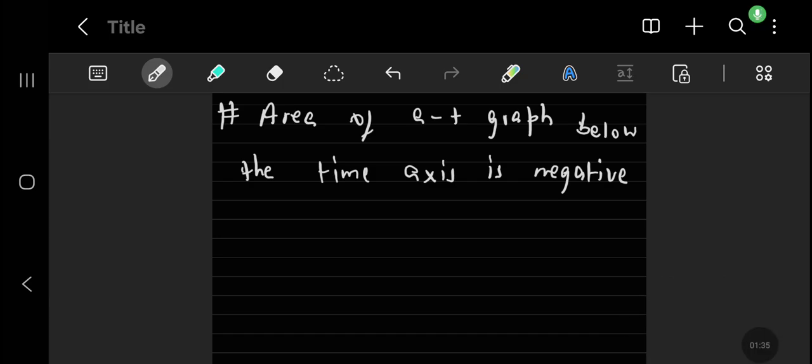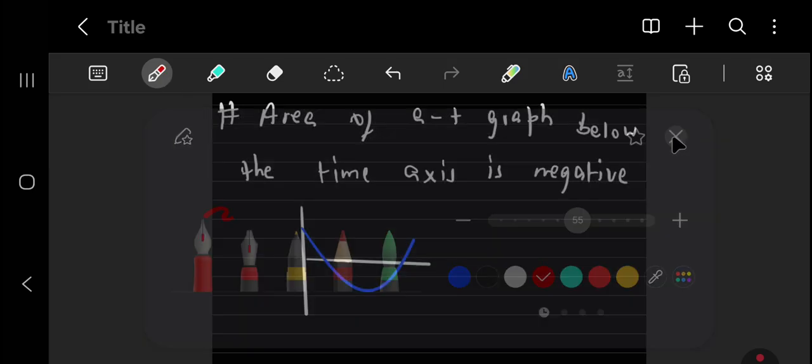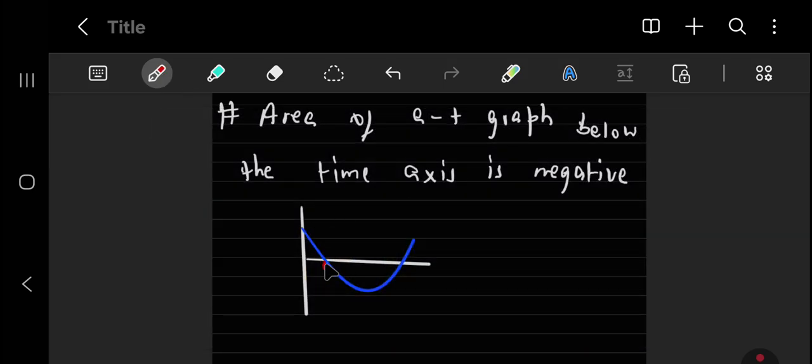What do I mean by this? I'm just going to do a rough sketch here, because this is just an addition to our previous video. Let's say this was our acceleration time graph, and you have your acceleration going something of this nature. If you get the area between this time and this time, for this part right here, this is going to be equal to negative velocity.